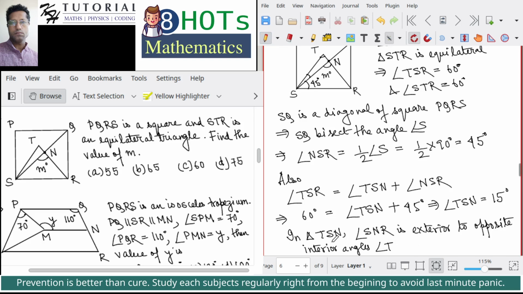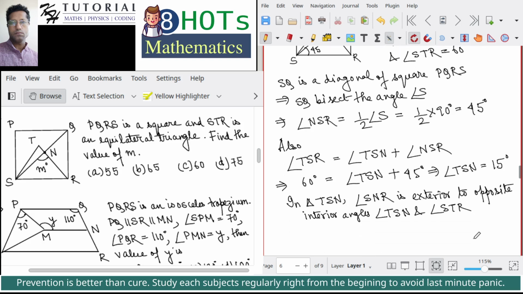We see that in triangle TSN, angle SNR, that is the angle m degrees, is exterior to the opposite interior angles TSN and angle STR. So angle SNR should be equal to angle TSN plus angle STR.